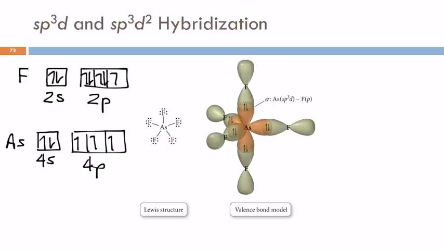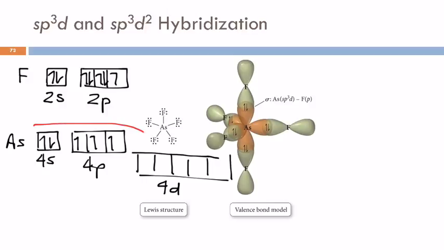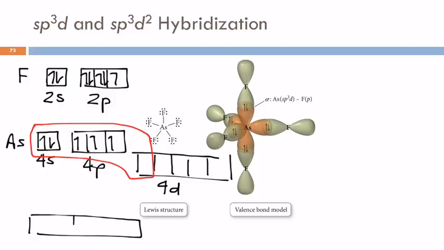What's going to happen is that there's also this empty 4d sublevel. So we're going to take all of these and make hybrid orbitals. So you're going to get 5, and that's sp3d.